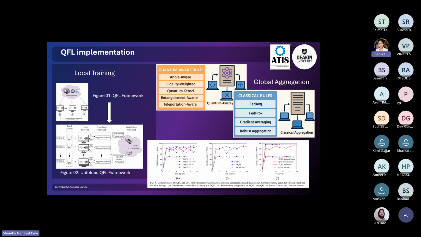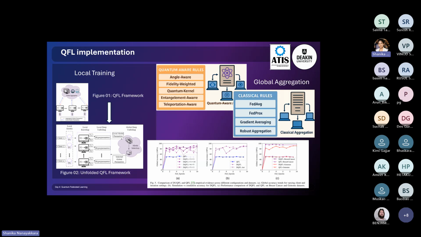Sometimes it is very similar to FedAvg, as you will see when I show some results, but sometimes it may differ. In reality, angle-aware aggregation is more effective than using FedAvg in quantum QFL.